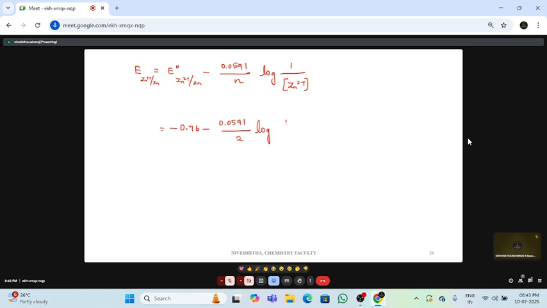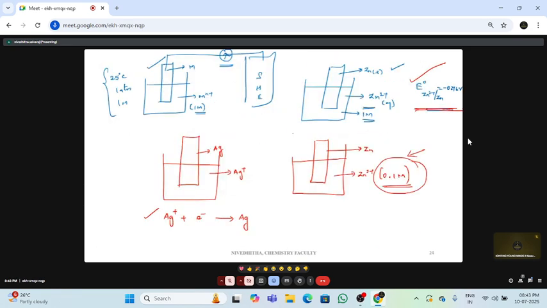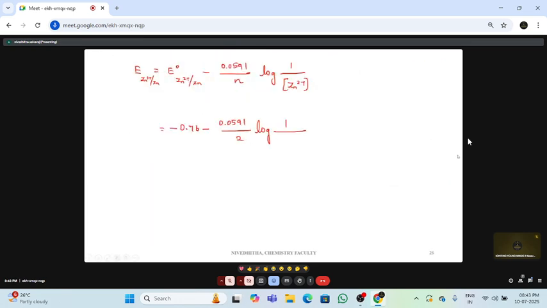Log 1 by, what was the concentration of the solution? It is 0.1, right? It is 10 power minus 1. That's it. So if you simplify these values, you'll end up with the reduction potential of zinc under non-standard condition.